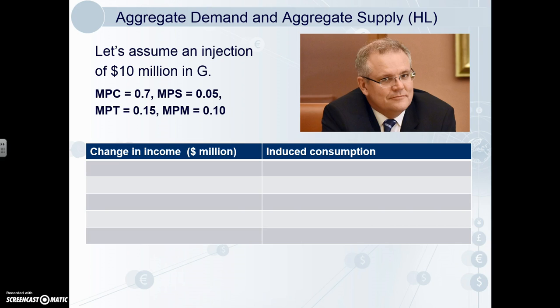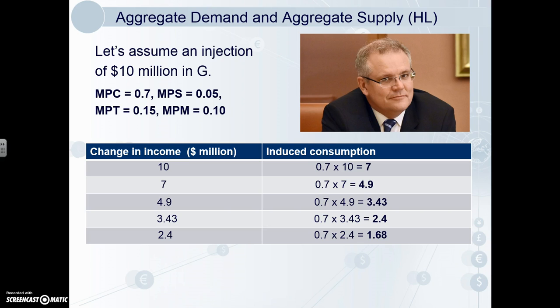With an MPC of 0.7, this means there will be induced consumption of $7 million. But this is not where it ends. This $7 million feeds back into the circular flow, and therefore 70% of it again is induced consumption. And this repeats, and repeats, and repeats.